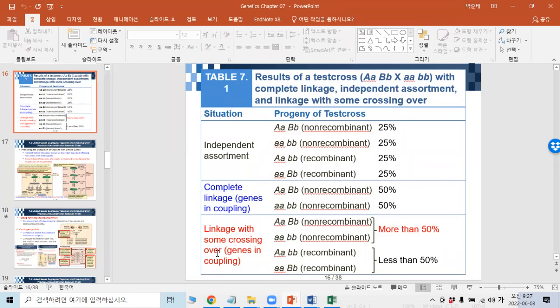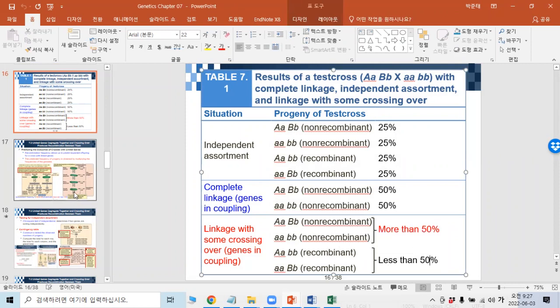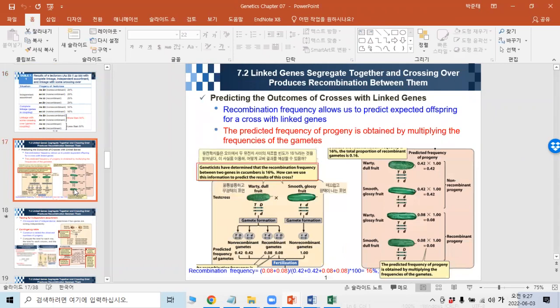So linkage with crossing over: this case is more than 50%, and this case is less than 50%. Okay, so now we can predict the outcomes with the linked gene. If we have the recombination number, we can calculate it like this.